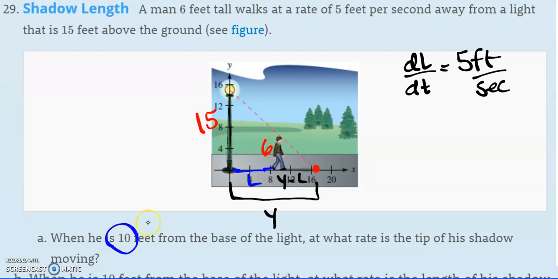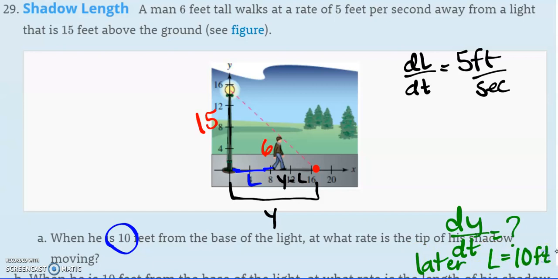So if I think about this, we want to relate the tip of his shadow moving. So dy dt equals question mark later, when Lakin is 10 feet from the pole. So I need to figure out something that relates Lakin and y.